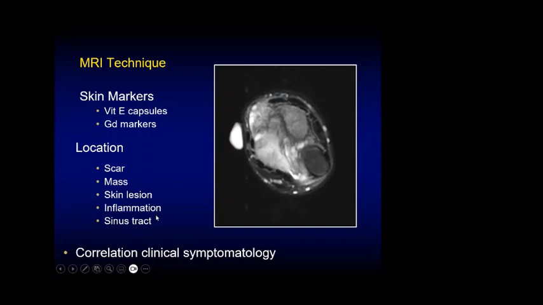And obviously, if there are skin changes, inflammation, or sinus formation, then that would be a very good hint to where the tumor is. If you can't really find anything like that, then maybe just ask the patient where the mass is or if they feel any mass, and place the markers where the patient is indicating or pointing out.